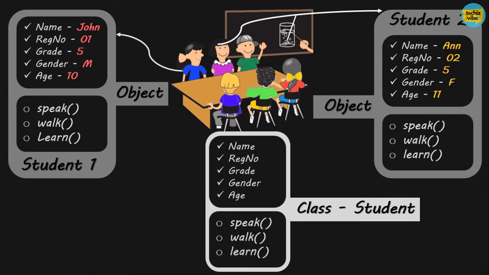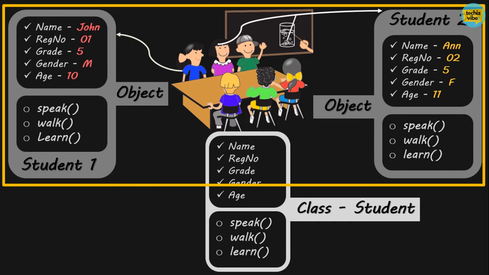It has the same set of attributes as the objects like name, register number, grade, gender, and age. But the values for these attributes are not defined. That means a class doesn't refer to any particular object. It doesn't refer to student 1 or student 2 in particular.